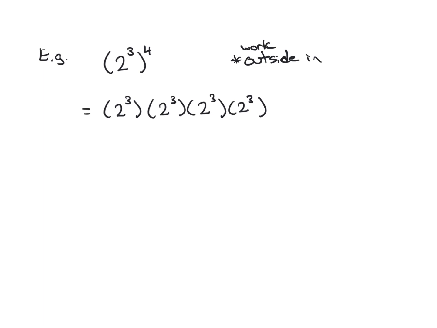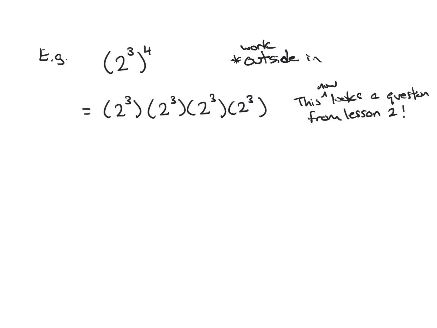Now, what we have in the second line, you may recognize that this now looks like a question from lesson 2. You have 4 powers multiplied together, and they all have the same base. The base is 2.